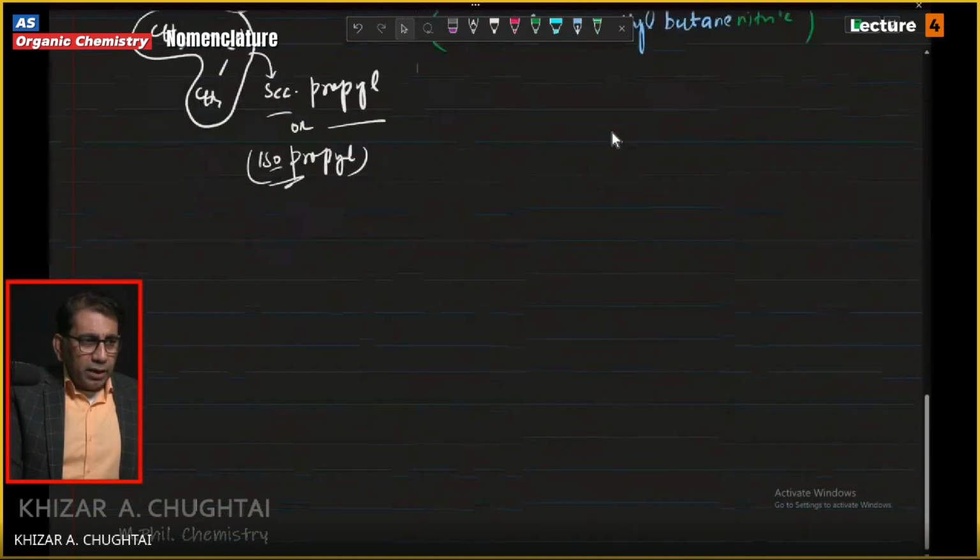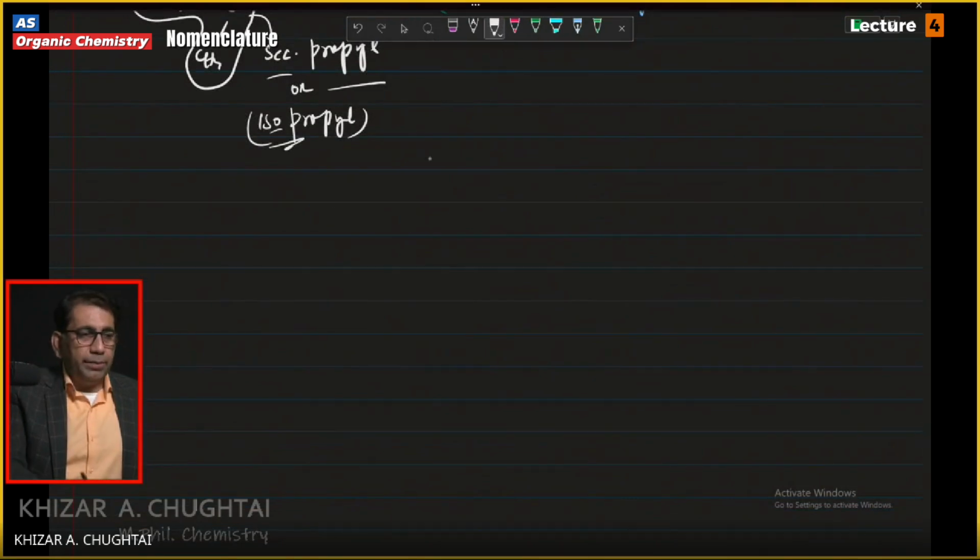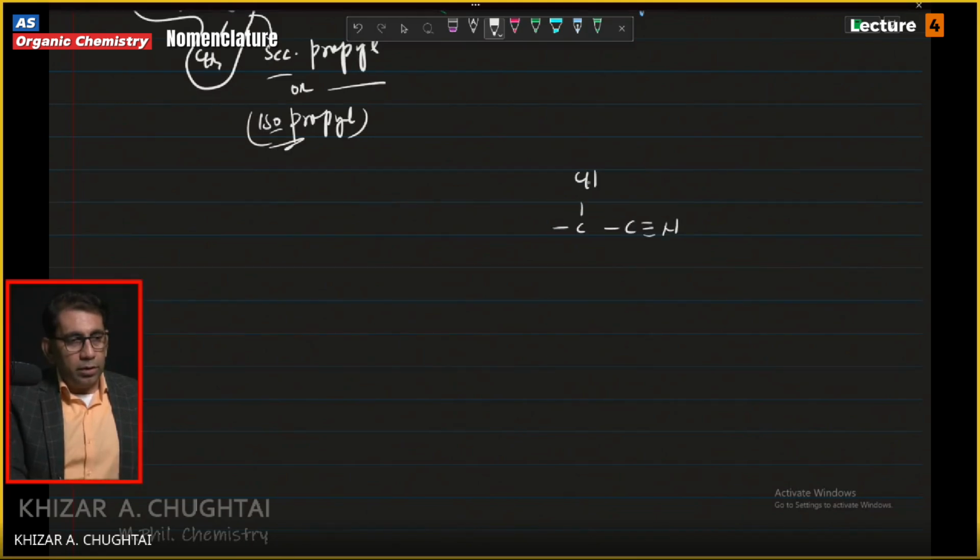Come towards another example, a similar example. That is this one: C triple bond N, carbon, CH3, and let's suppose CH2, CH3, and CH3.